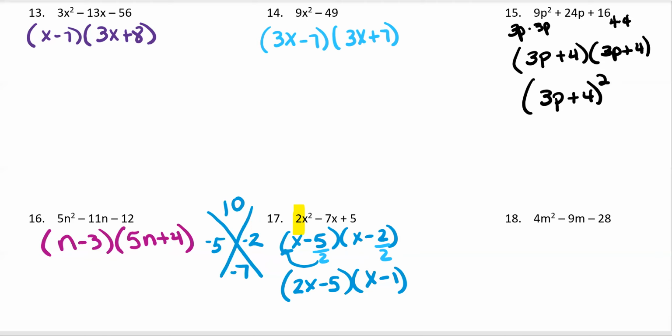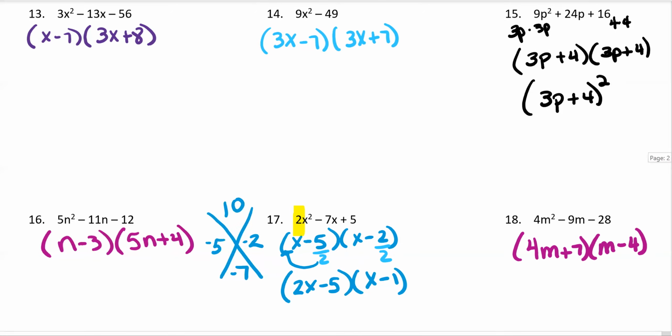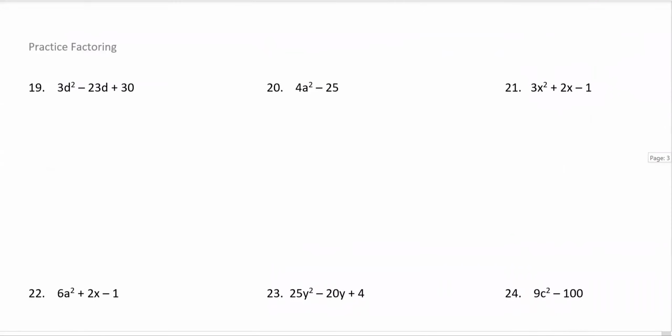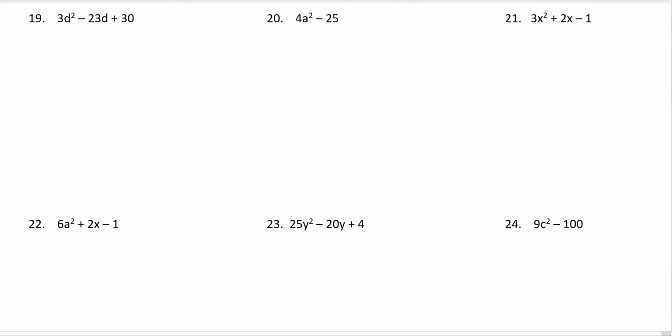Number 18, 4m plus 7 and m minus 4. More factoring.